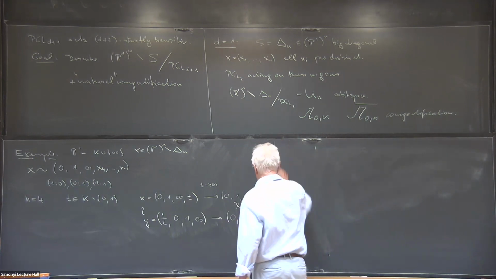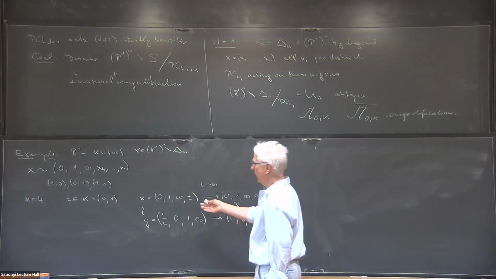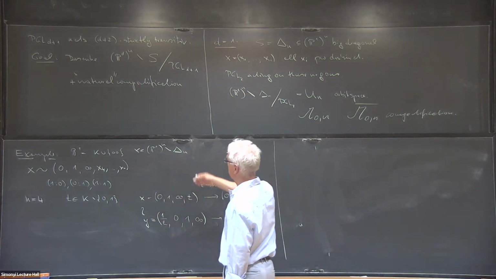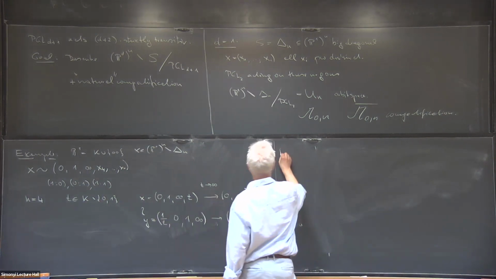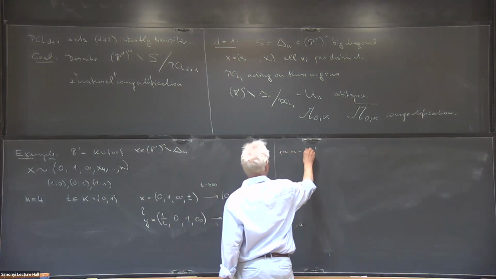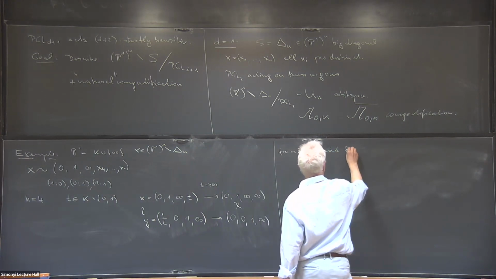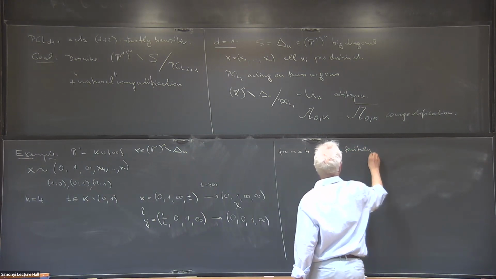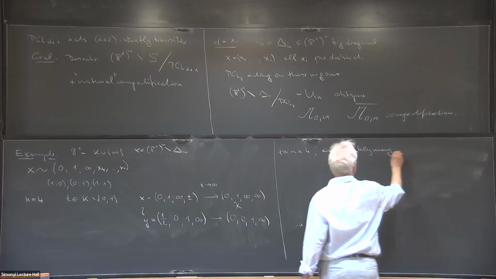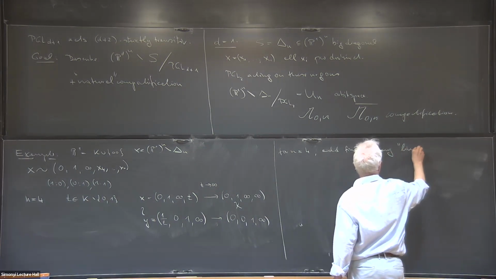So for n equals 4, we just have to add for our compactification finitely many points. Let me call them limits.